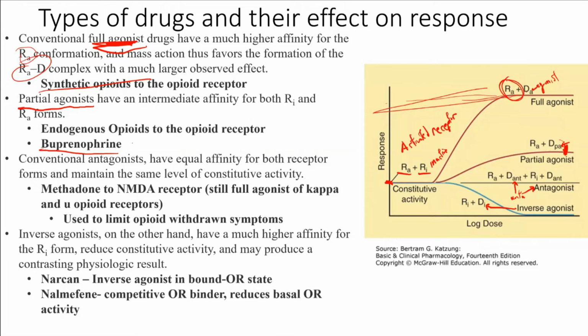Okay, good. All right, so next we have conventional antagonists. They have equal affinity for both the receptor forms and maintain the same level of constitutive activity. So what they do is they bind to the receptor, any of them, and they block agonists from binding.